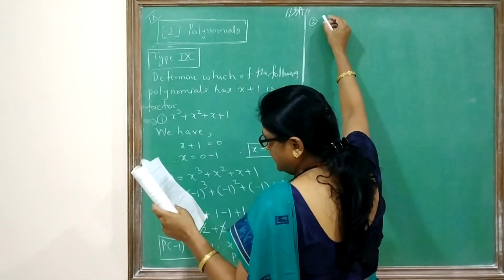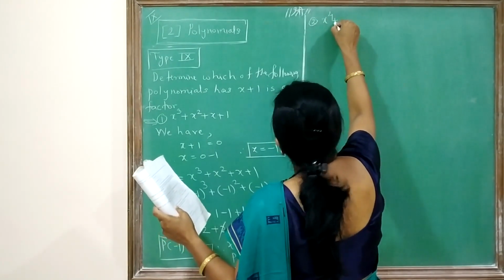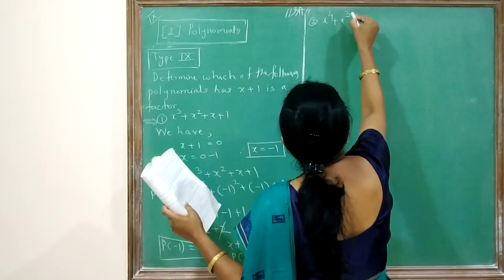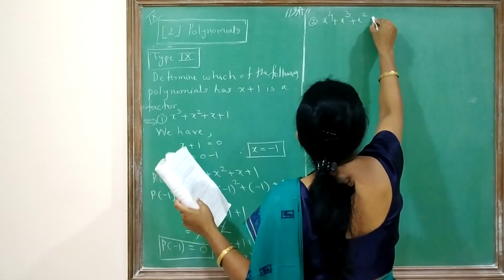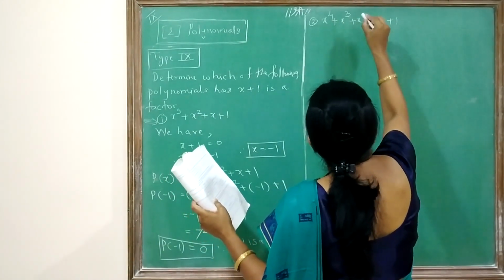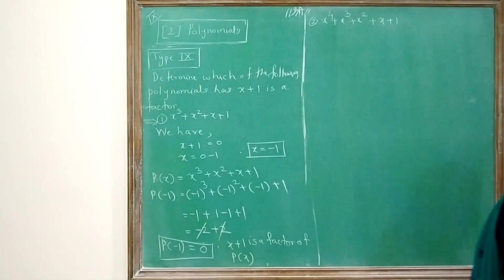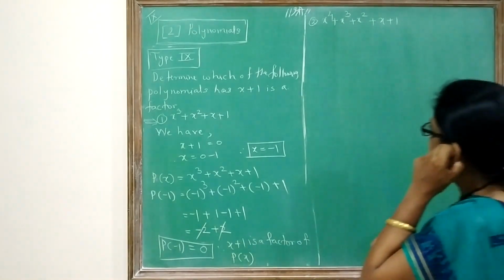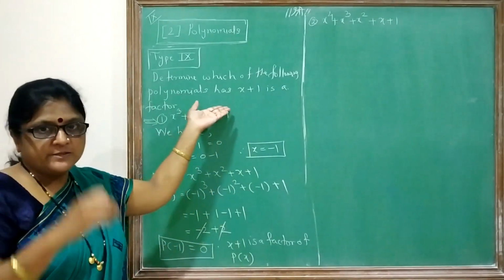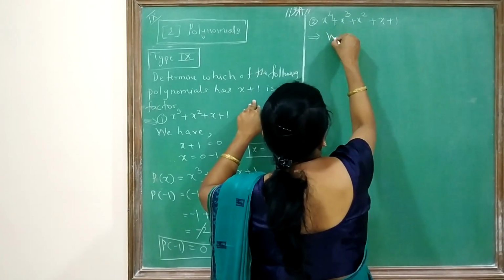Your second example is x raised to 4 plus x cube plus x square plus x plus 1. This question is the same, only p of x is different. Then you will put the same, that is x plus 1 equal to 0.